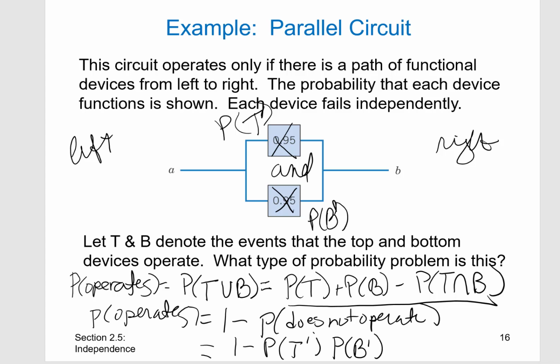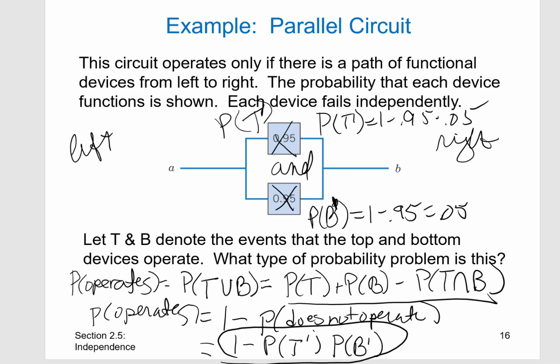The probability that it doesn't work on the bottom is just 1 minus 0.95 or 0.05. The probability that the top doesn't work is 1 minus 0.95 or 0.05. And we can easily solve this equation by multiplying 0.05 times itself and doing that subtraction from 1.